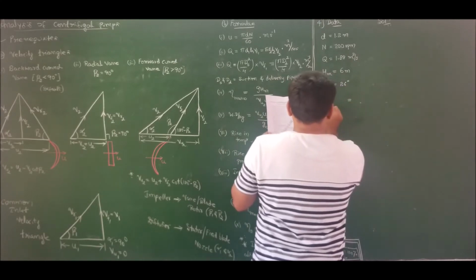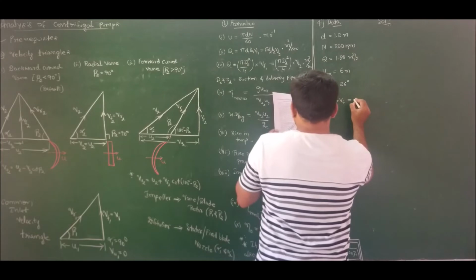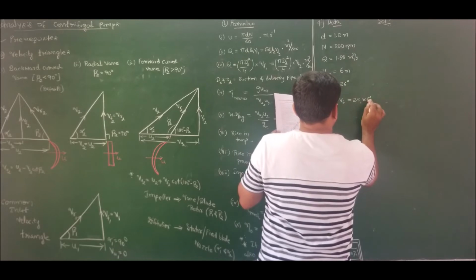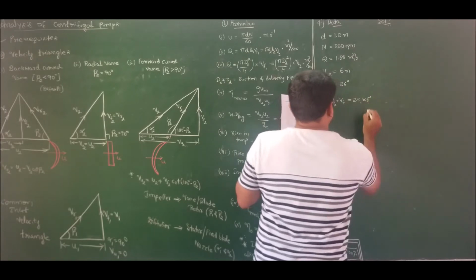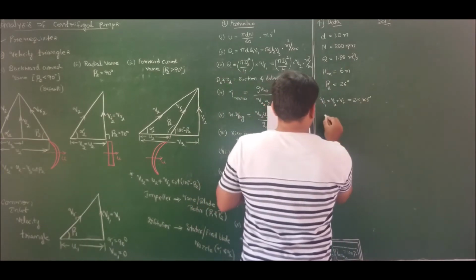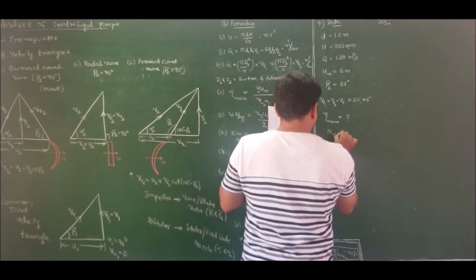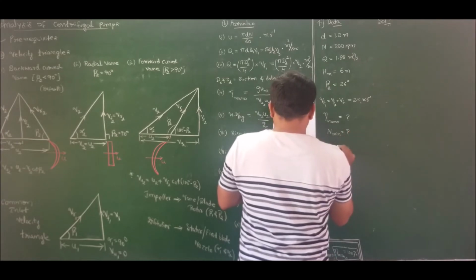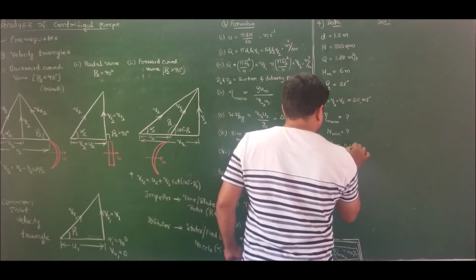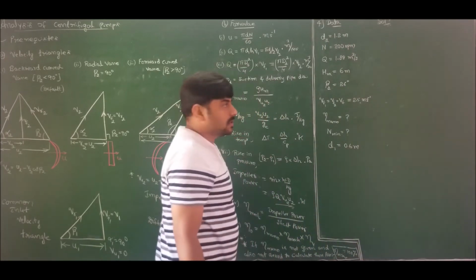In such cases, we should take flow velocity as constant, which is 2.5 meters per second. Find manometric efficiency and least speed to start pumping, that is N minimum starting speed, and also inner diameter being 0.6. He has given inner diameter D1 as 0.6 meters. Obviously, the 1.2 meters should be D2, the exit diameter of the impeller. Let us solve this problem.